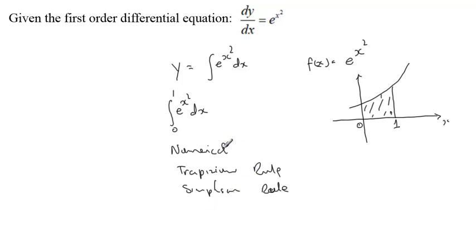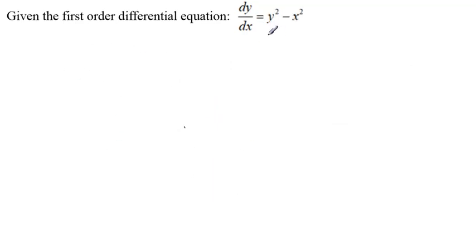So this takes us to thinking that we might also find differential equations which we cannot solve analytically but numerically. In this case, we can look at the following example. The differential equation is as it is: dy/dx is equal to y squared minus x squared.